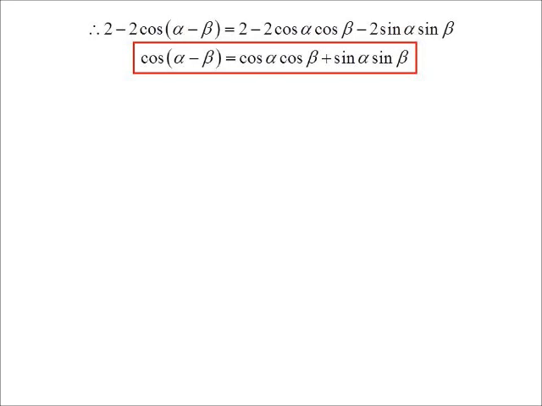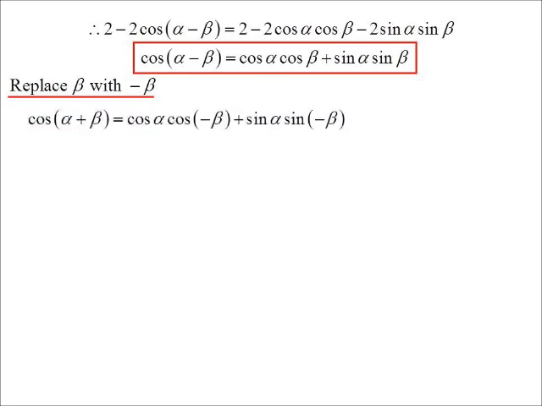You see, trig outside parentheses, it's not like algebra. I can't just expand out and say, oh, that's cos alpha minus cos beta, which probably would be our initial reaction to something like that. We actually have to use this formula. Now, I'm going to replace beta with minus beta. Okay. So cos alpha minus minus beta becomes alpha plus beta.